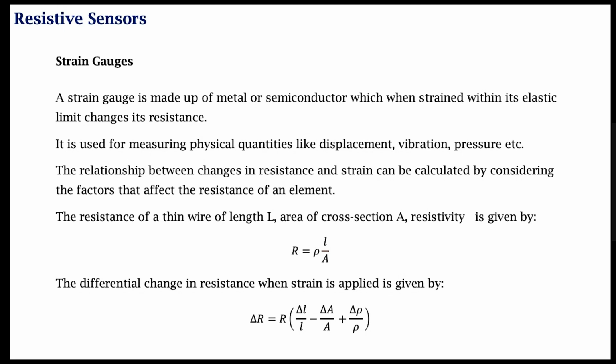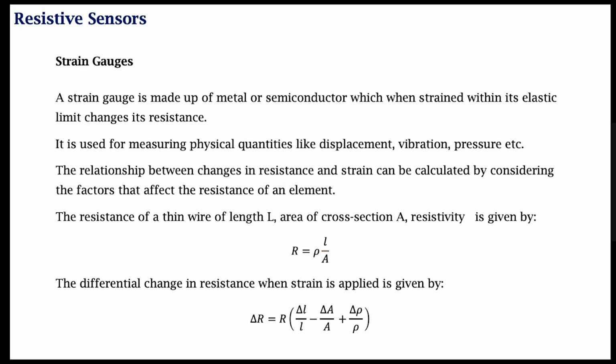The change in the resistance when the strain is applied is essentially a function of the change in the length and the change in the area plus the change in the resistivity. But just now I said that the resistivity will not change for a metal. But this is a special case. We will discuss this special case in future slides.